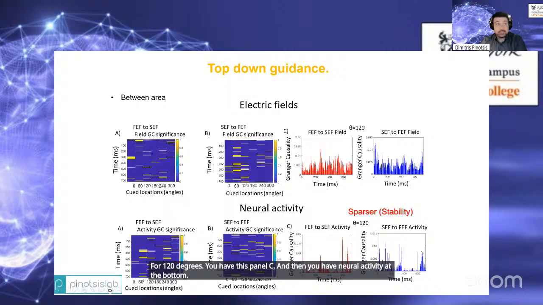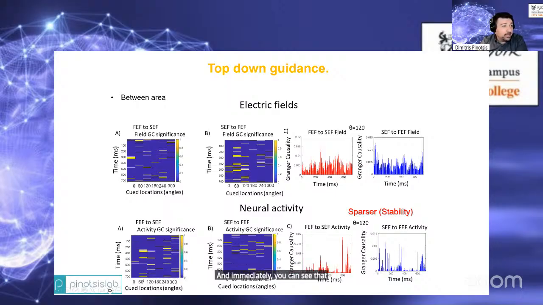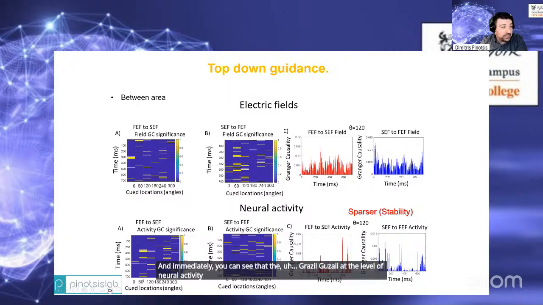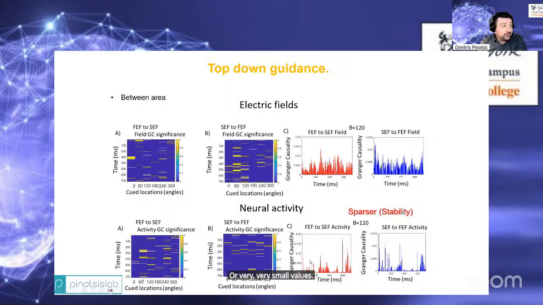And immediately you can see that the Granger causality at the level of neural activity is sparser, right? You have 0 values or very, very small values in this panel here for neural activity for both directions, FEF to SEF and SEF to FEF in blue here, compared to the top panels. So it's sparser. So what does it tell me?